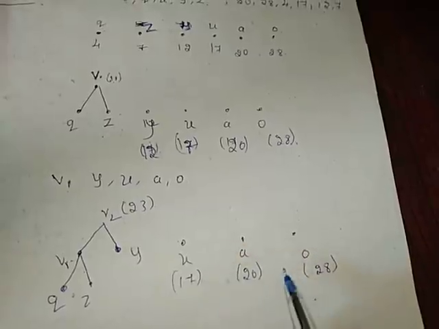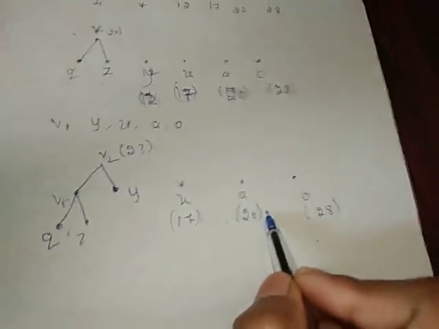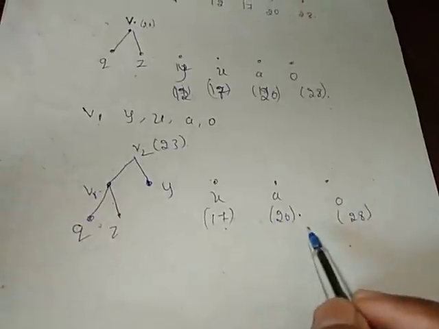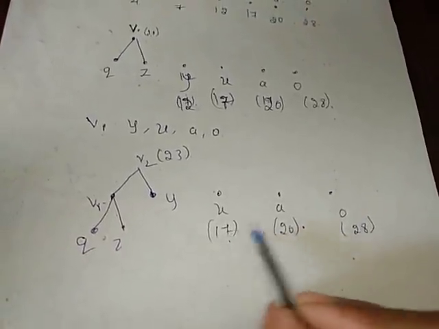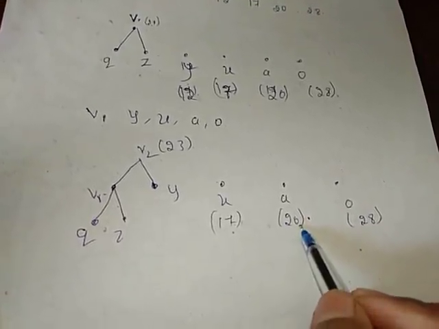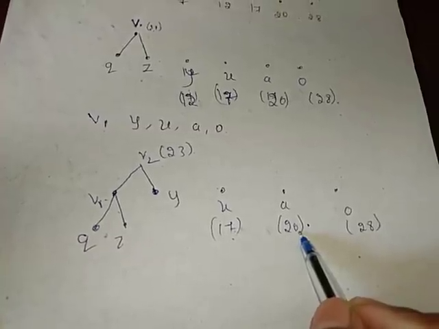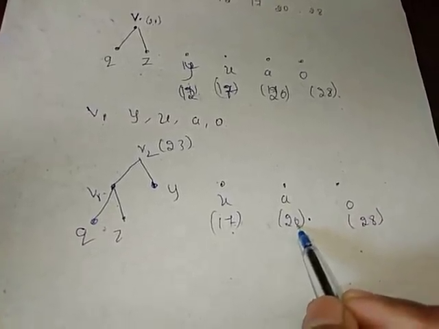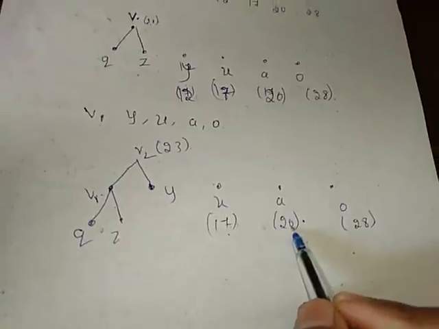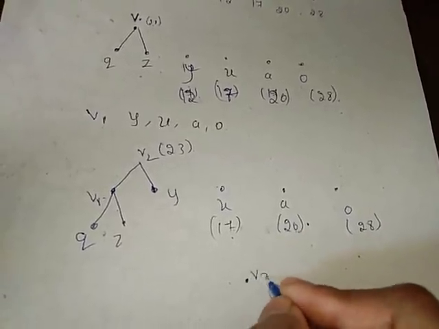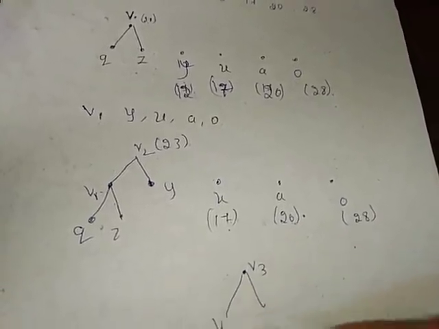Among these vertices, the minimum weights are now 17 and 20. Add 17 and 20 and we get 37. Assign 37 as the weight for the new vertex V3. Now V3 becomes a root, with U and A as children.